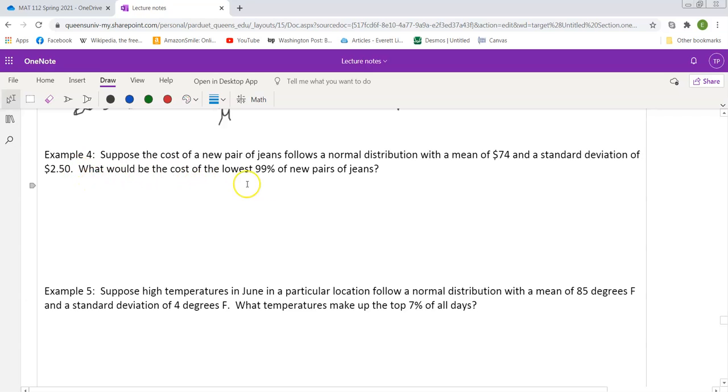An inverse normal probability would be if they're asking what would be the cost of the lowest 99%. So what would be the value, the cost, where 99% of all new pairs of jeans would be lower than that.